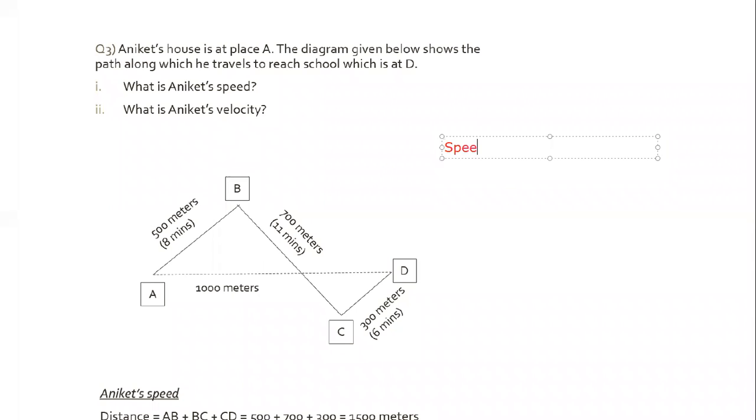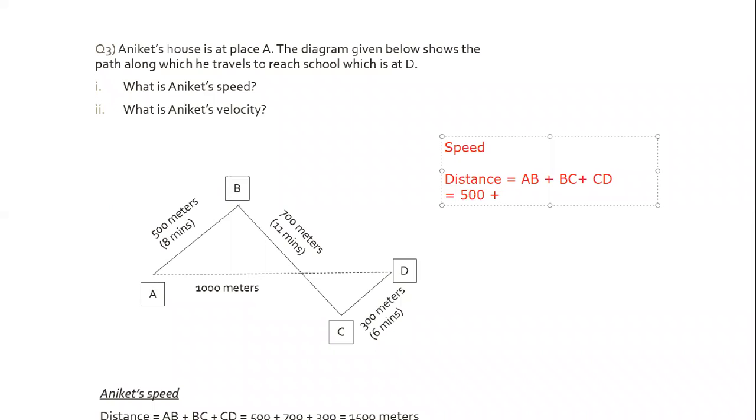So for speed, what is the first step that we take? We find the distance. So what is Aniket's distance? Aniket is first going from A to B, so AB. Then he is going from B to C, so BC. Then from C to D, so CD. So what is AB plus BC plus CD? Look in the diagram. AB is 500.